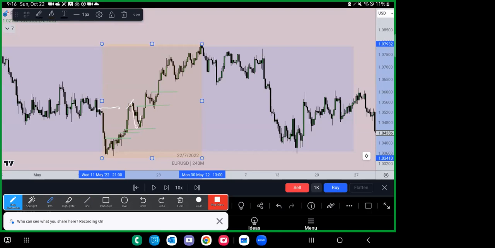We go inefficiency to stops, and guess what? We go from stops back down into what? Inefficiency. Discount arrays, discounted fair value gaps are being respected. Every time price has to go from stops to inefficiency, inefficiency to stops, technically what that's creating is a market maker model.